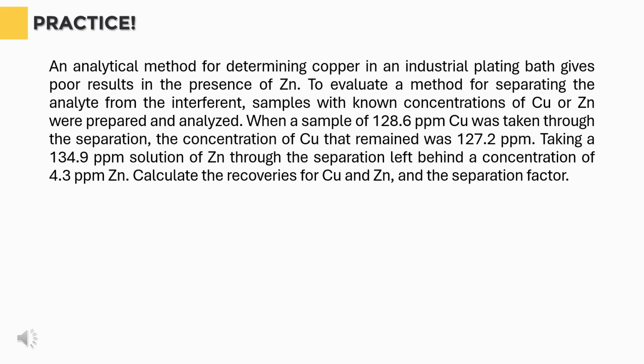When a sample of 128.6 ppm copper was taken through the separation, the concentration of copper that remained was 127.2 ppm. Taking a 134.9 ppm solution of zinc through the separation left behind a concentration of 4.3 ppm zinc. Calculate the recoveries for copper and zinc and the separation factor.